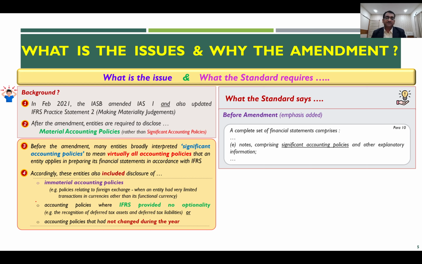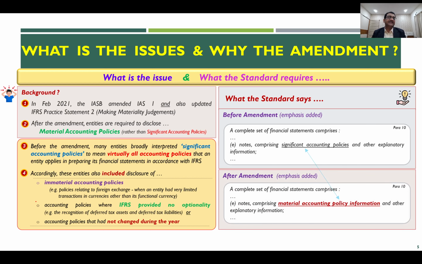Also, an accounting policy, even if it had not changed during the year, was disclosed as part of the significant accounting policy disclosures. Now, what happens after the amendment?